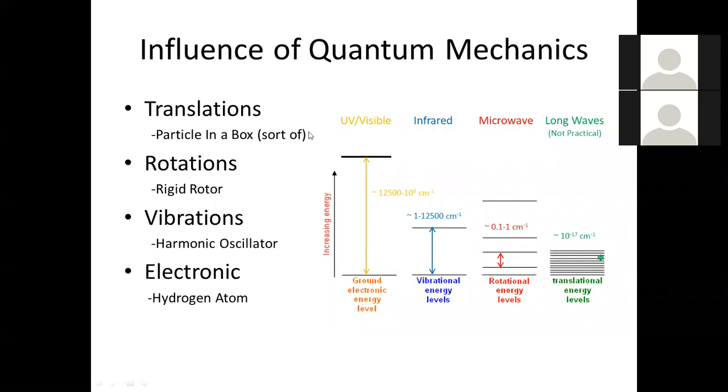And when you solve the different model systems of the Schrodinger equation for all of these different ways of storing energy, these three are the classical versions of storing energy kinetically, the three different ways you can move basically as a molecule. And this is your potential energy storage through Coulomb interactions, through electrostatics. The hydrogen atom is your model system. You get the energy level gaps and separations between all of these energy levels, right?